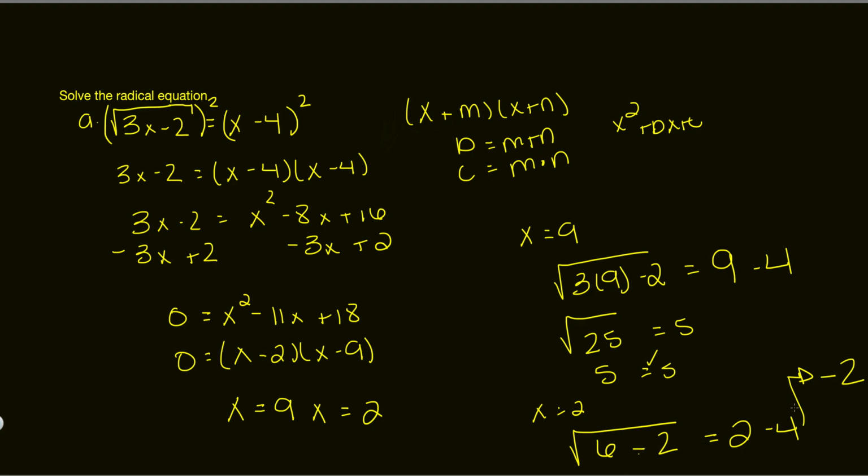And 6 minus 2 is going to be 4, so the root is 2. 2 does not equal negative 2. So x equals 2 is my extraneous solution. This is an example of that extraneous solution.